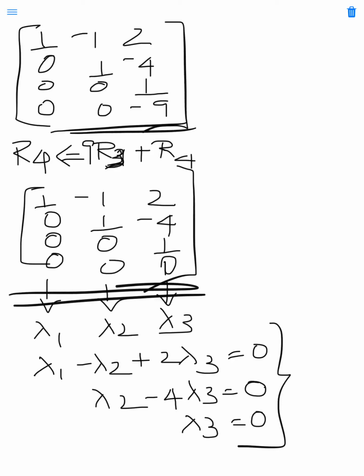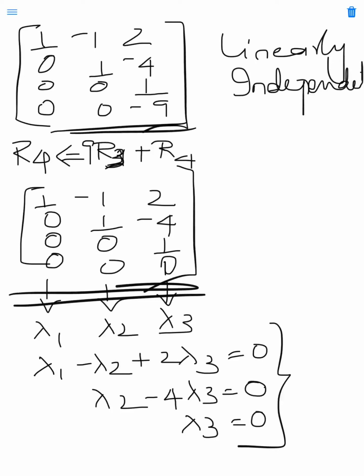So an easy method is, if each column is having the pivot element, then we can say that the given vectors are linearly independent. How it is linearly independent after solving, we can see with the help of these equations. Here we got the value for lambda 3 as 0. So lambda 3 equal to 0.